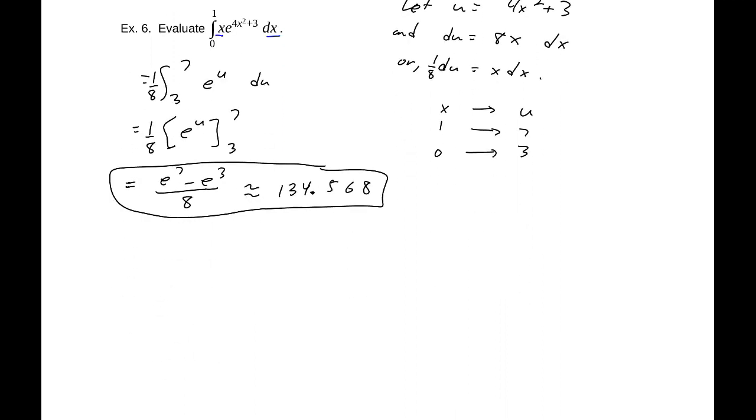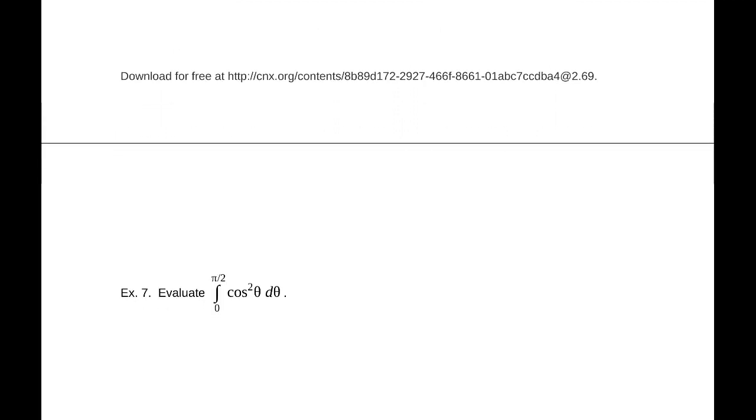All right, one last example with this. This one has a small trick that turns out to be very handy later on in calculus. Evaluate the integral from 0 to pi over 2 of cosine squared theta d theta. There is a trig identity, and this is what comes in handy.